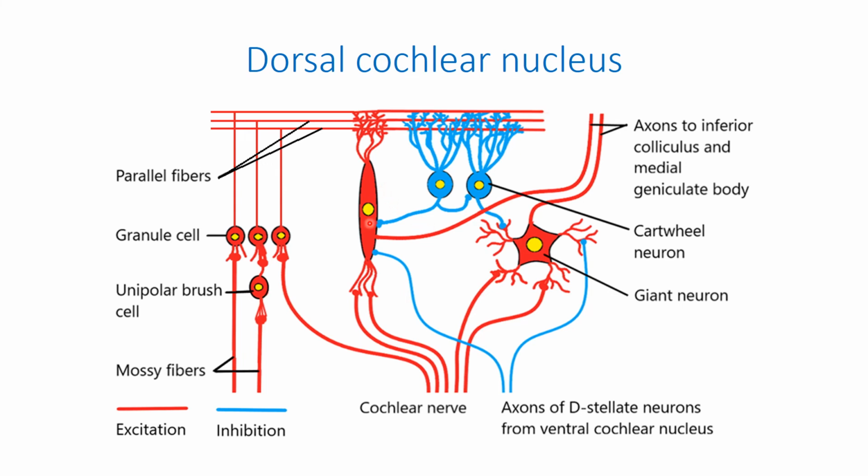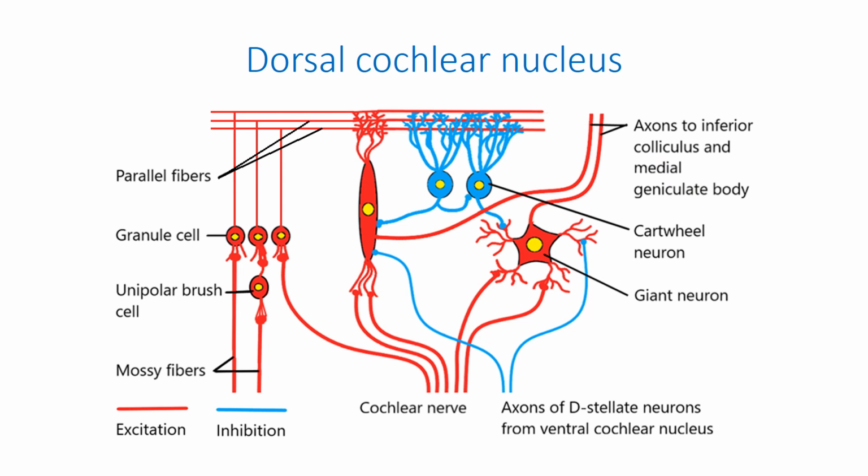The fusiform or pyramidal and giant neurons, glutamatergic, are the main projection neurons of the dorsal cochlear nucleus. Their axons travel to the contralateral inferior colliculus and medial geniculate body.